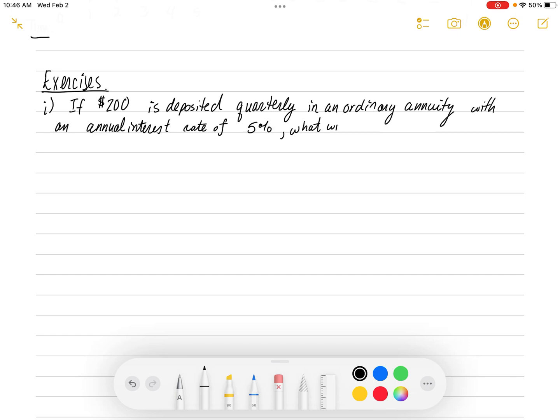What will the value of the annuity be, after, let's say, 10 years?